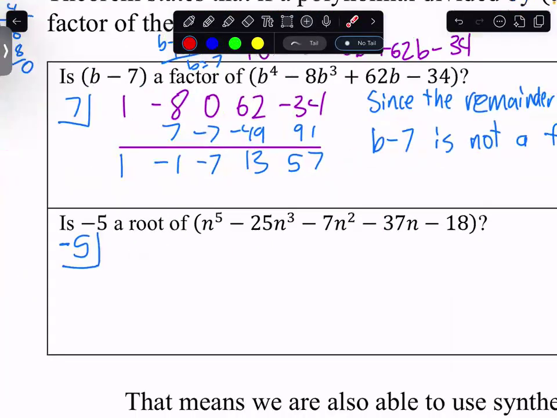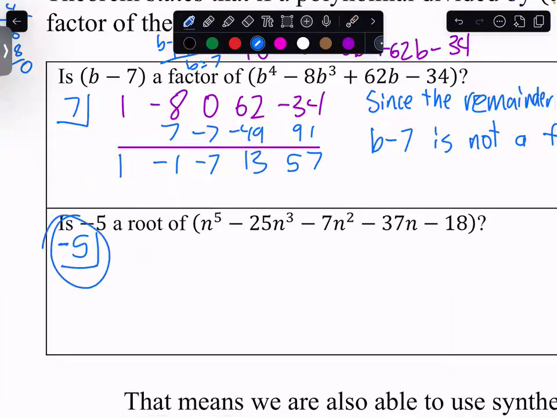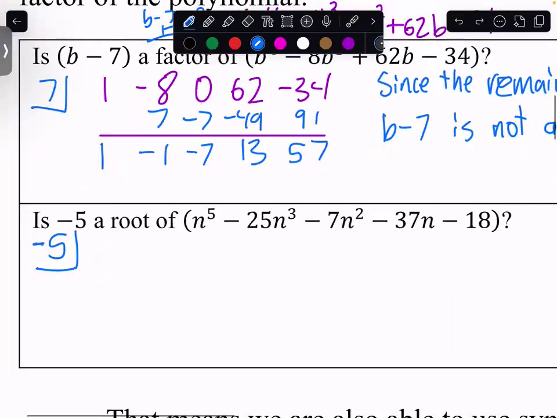Let me finish this bottom left problem. So again, you just use the -5 itself. You don't switch it because it's not b minus 5, then it would be +5, but you're directly told to try -5. Now, what you also needed to recognize is that we're missing the n to the fourth term. Okay, so you got to squeeze in a 0 n to the fourth.